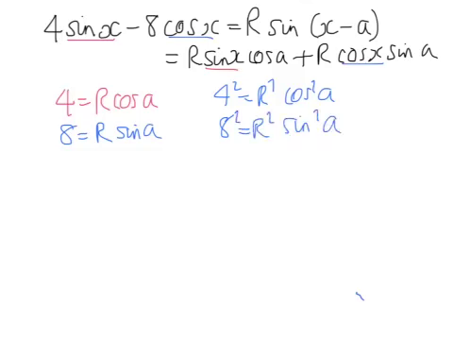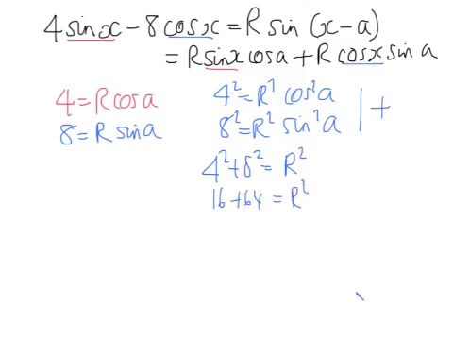Now this thing of when you add them and you get the cos squared plus sine squared, which is equal to 1, happens every time. So we can skip that stage after a while and just say that 4 squared plus 8 squared is going to be equal to r squared. So that's 16 and 64 is r squared. So r is going to be the square root of 80, which simplifies to 4 root 5.